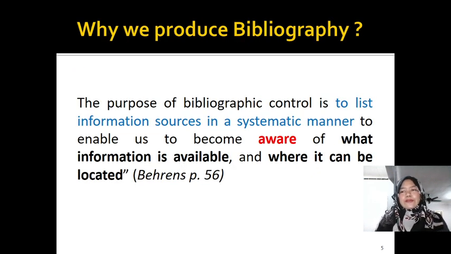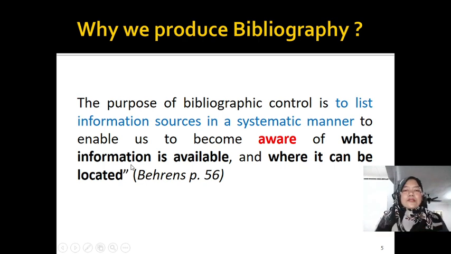So why do we produce bibliography? Why do we make a list of the bibliography itself? The purpose of bibliographic control is to list information sources in a systematic manner to enable us to become aware of what information is available and where it can be located.